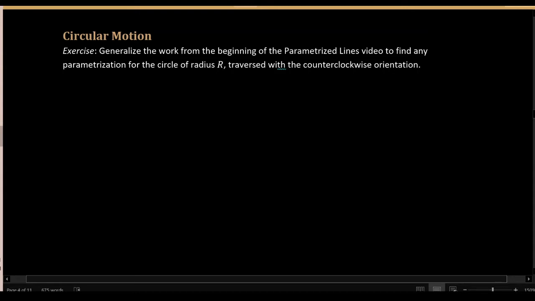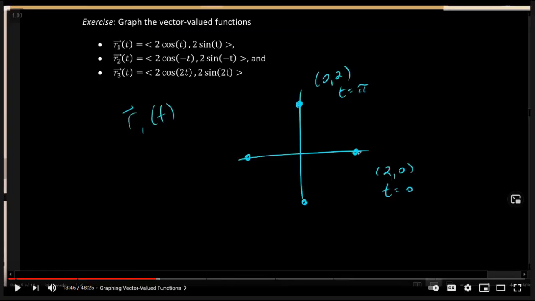Now, we had an example in the parameterized lines video. In fact, we had several examples of objects moving in a circle. We studied an object moving in a circle of radius 2, which traversed the circle 1 time and made 1 revolution in 2 pi units of time.